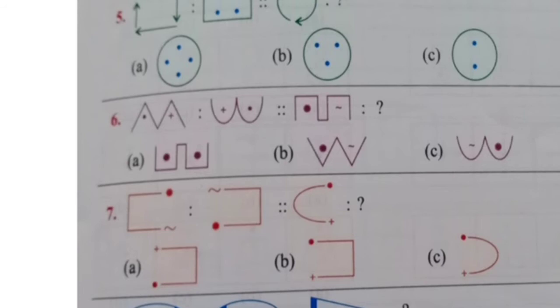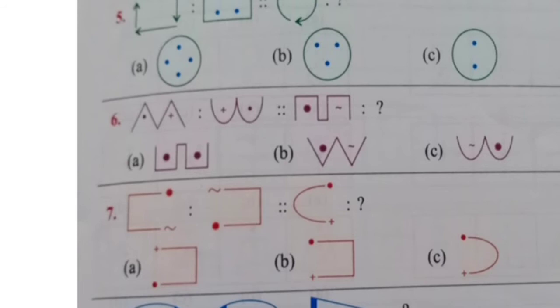Okay, the star sign and plus sign are exactly in the opposite direction, and the shape is also exactly opposite. Got it?